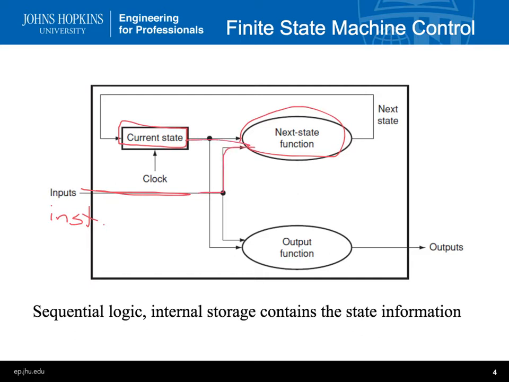What kind of instruction are we? That will determine where we go next. And then the output, which would be the result of adding two numbers together or doing a shift operation, is also going to be determined from where we are now and the instruction.